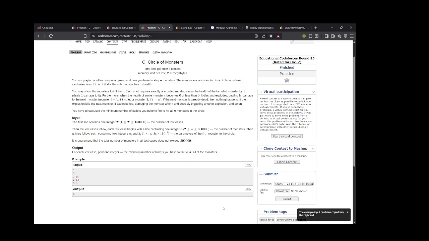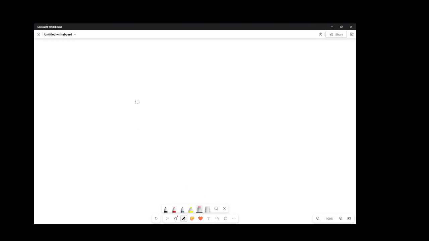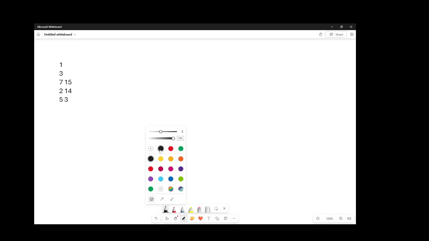For this case, the greedy idea of the problem is that first you will try to gain as much benefit as possible from the previous monster, because when the previous monster explodes, it will decrease the health of the current monster, as was already written in the problem here.